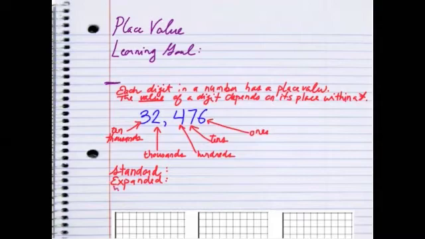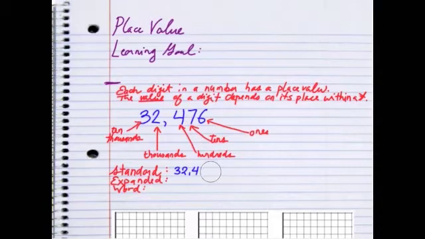And the third is word form. Standard form of a number is just what you see when you write the number, 32,476. It's the most compact form of the number, and it's the most regularly used.